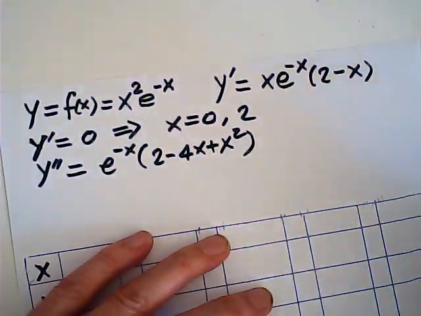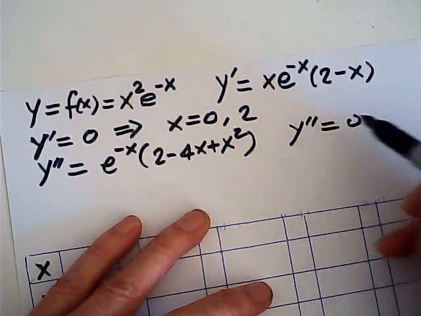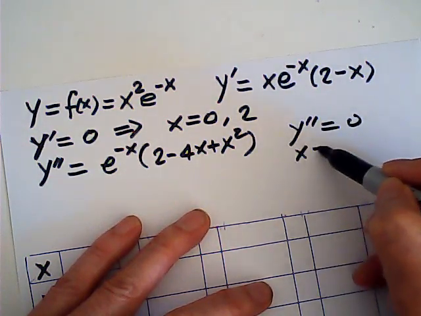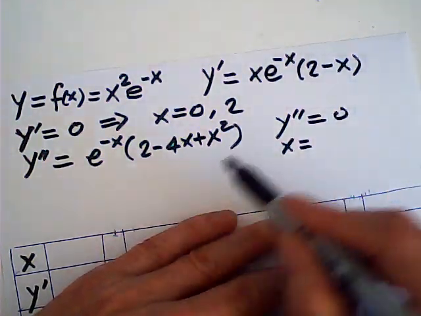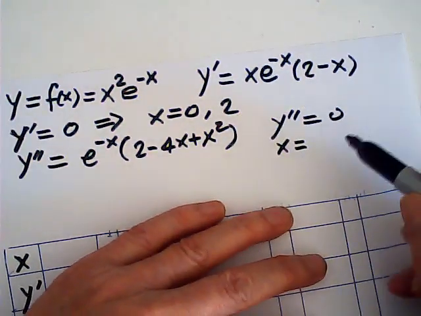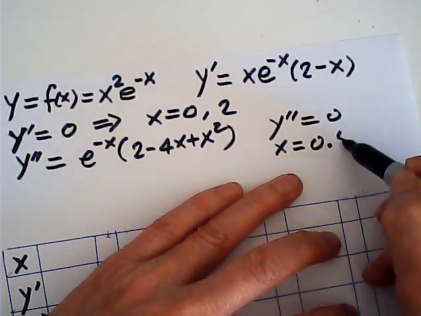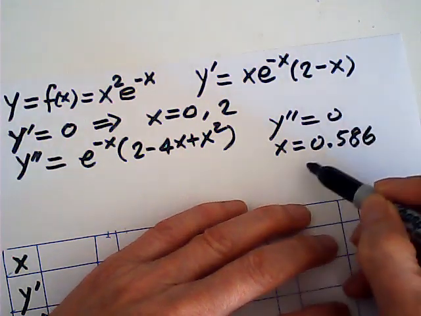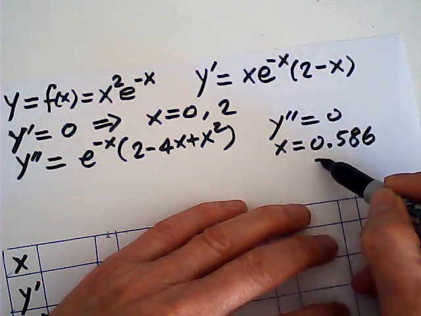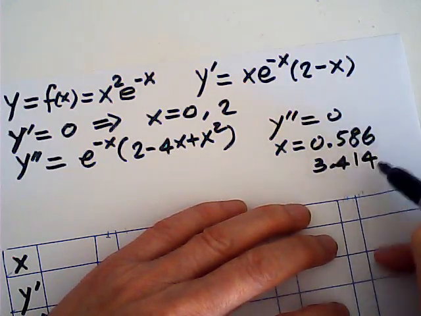Then we find when the second derivative is 0. This x is approximately 0.586 or 3.414.